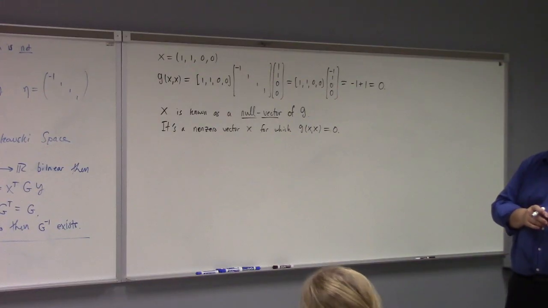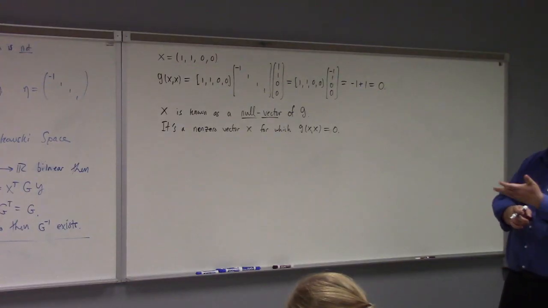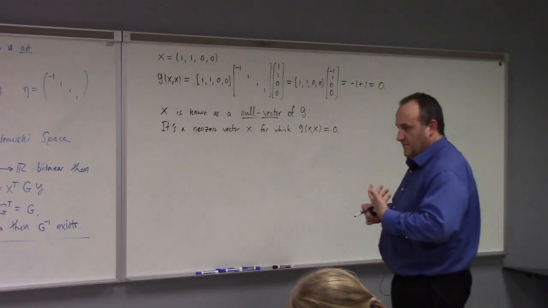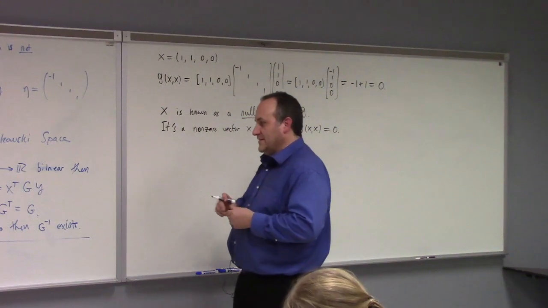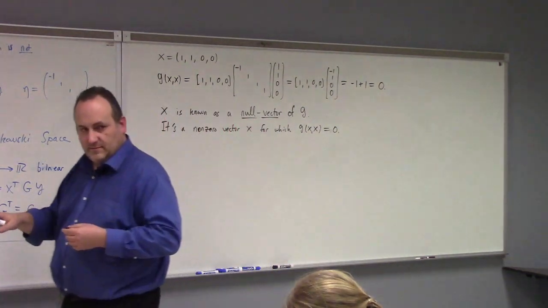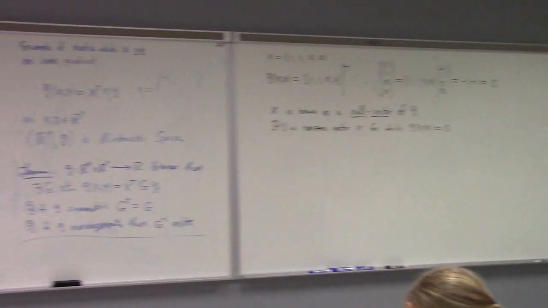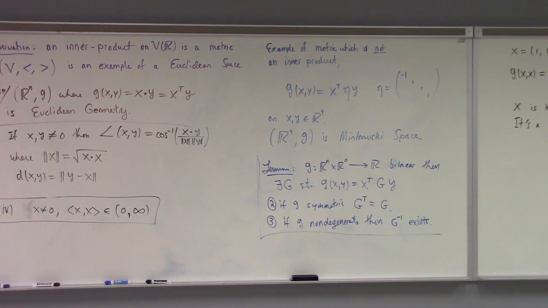Now, it is also true that G inverse exists in the context of an inner product. My lemma is still true for an inner product. This lemma holds in the context of a metric, right? If we think about a metric on Rn, it's equivalent to saying that you've got a matrix, big G, that's symmetric and non-degenerate.